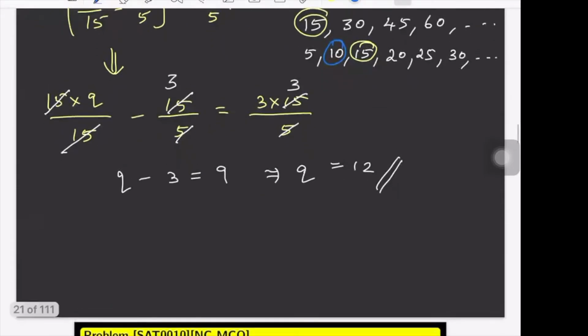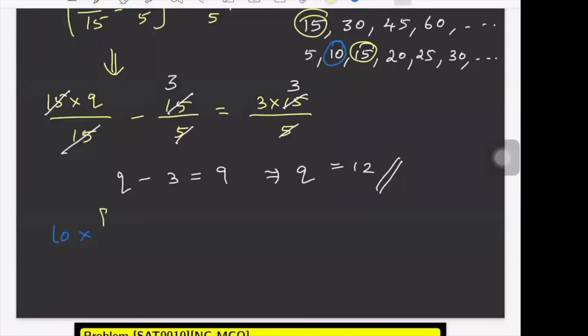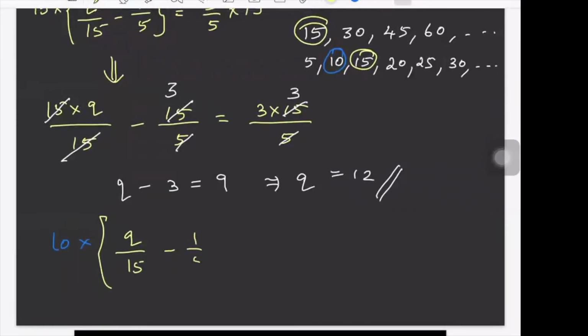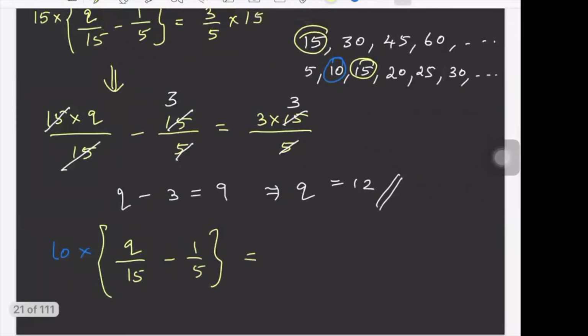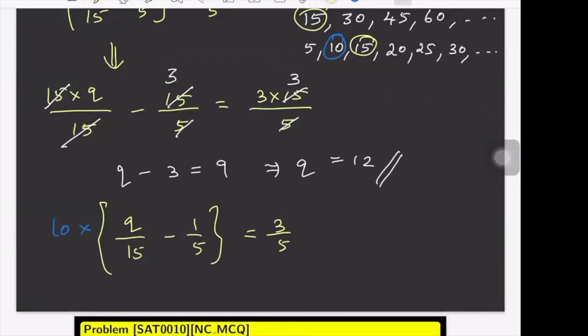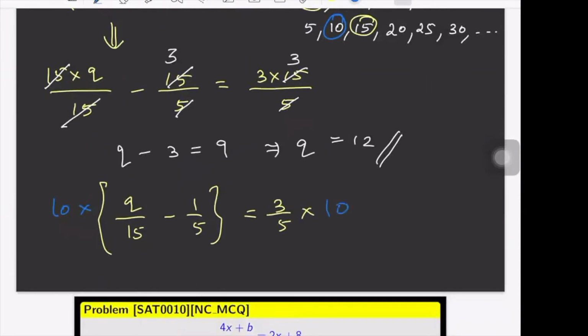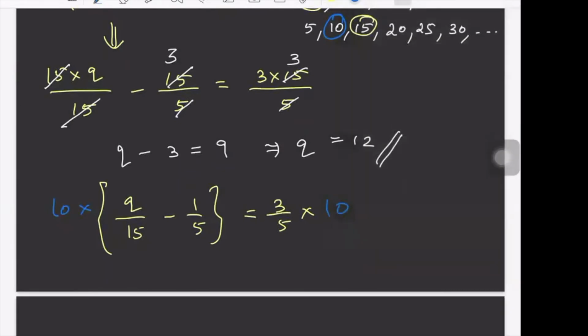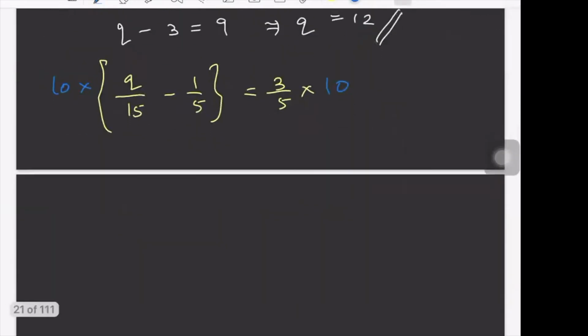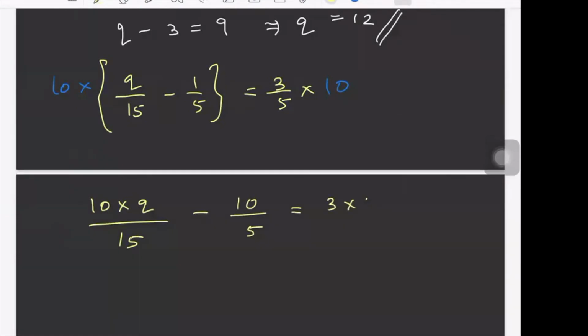So you have 10 times q by 15 minus 1 by 5 is equal to 3 by 5 into 10. Now see for yourself what happens. We distribute the 10. We have 10 into q divided by 15 minus 10 divided by 5 is equal to 3 into 10 divided by 5.